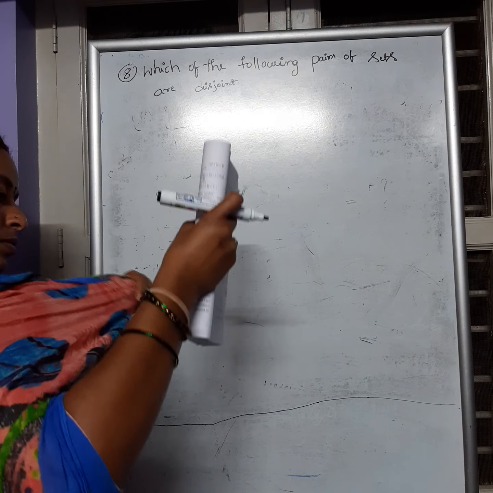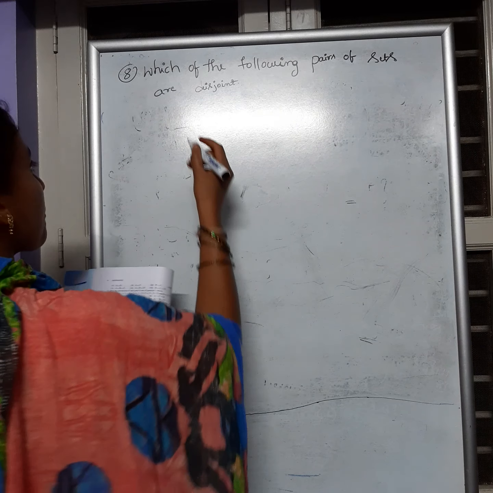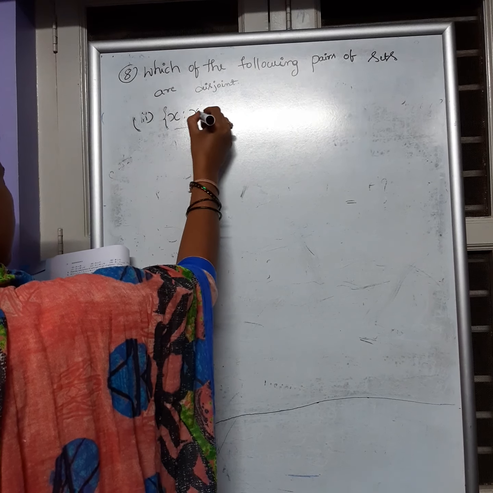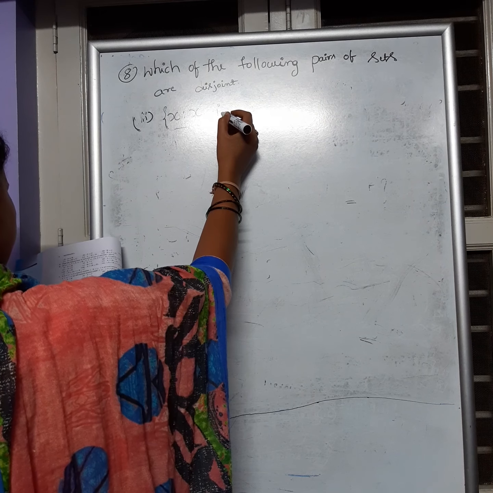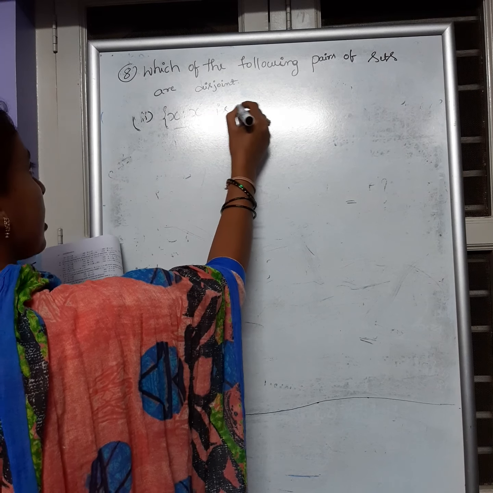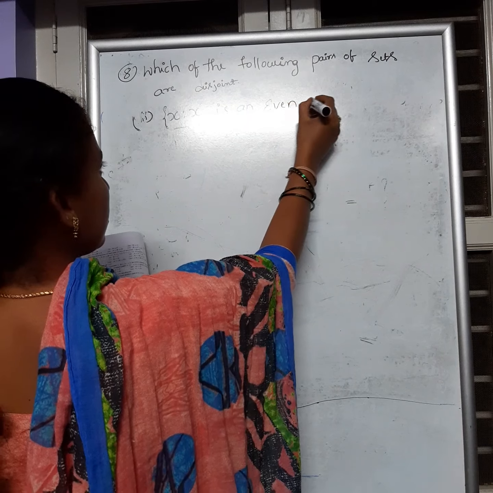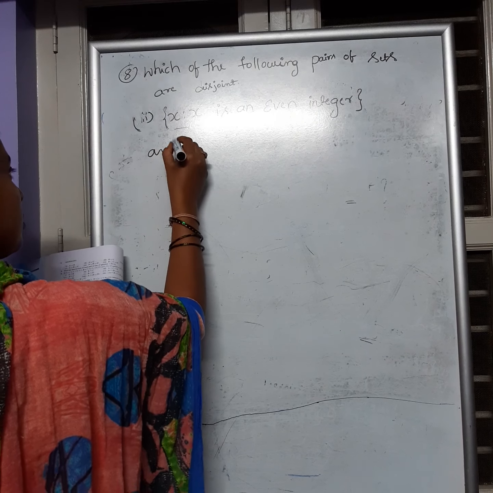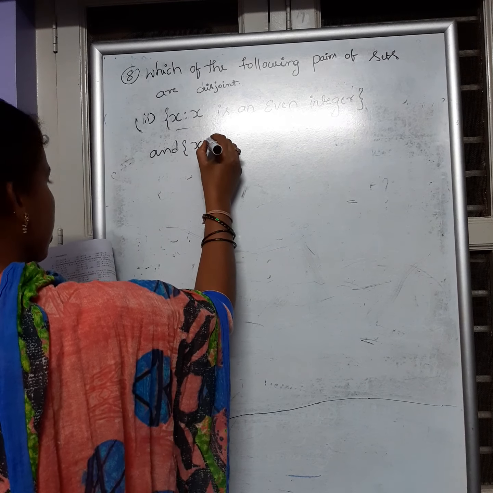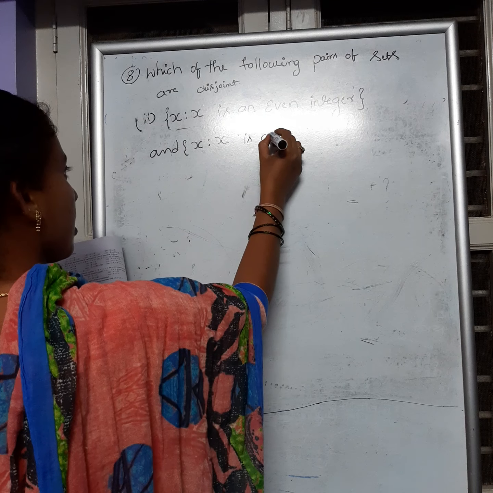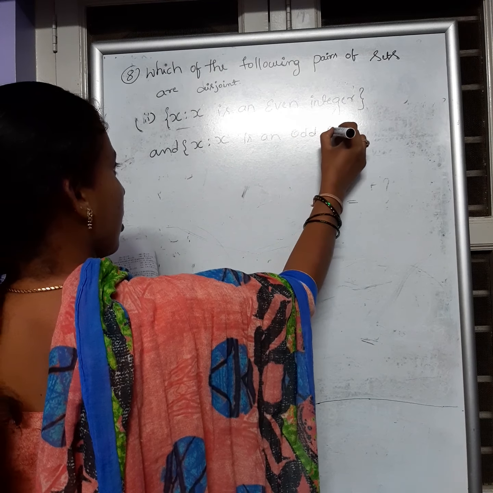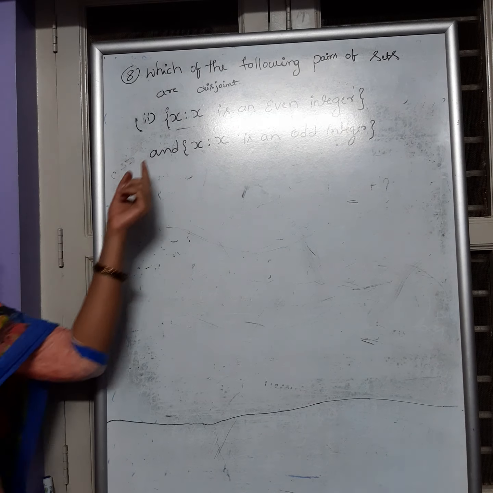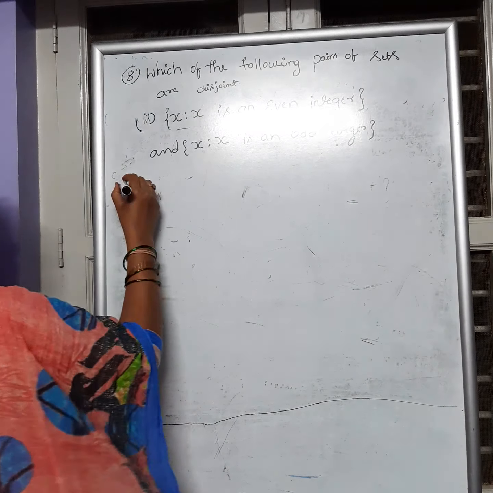Take x such that x is an even integer, and x such that x is an odd integer. Let's find out whether the given pair of sets are disjoint.